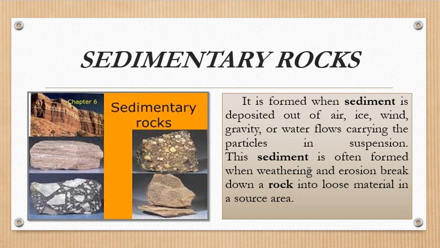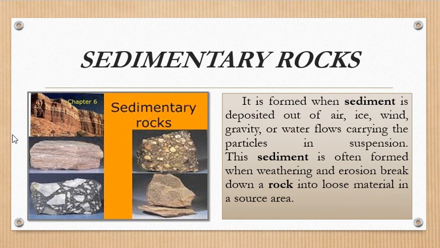So again, if igneous rocks are formed when magma or lava solidifies or crystallizes, sedimentary rocks are formed when the sediment or small particles are deposited or suspended and cemented together. These are examples of sedimentary rocks.